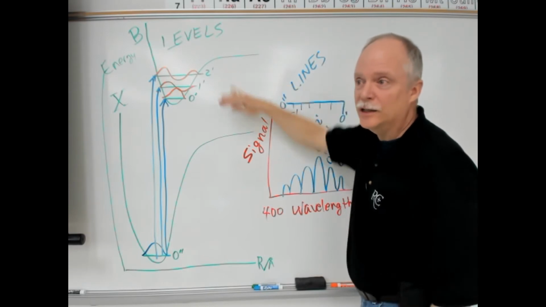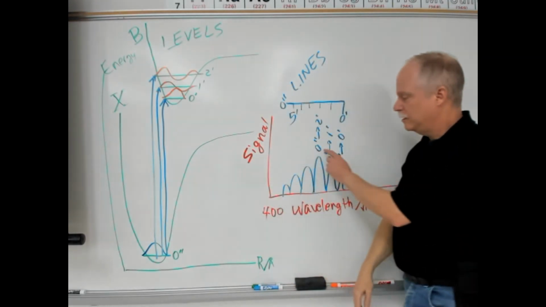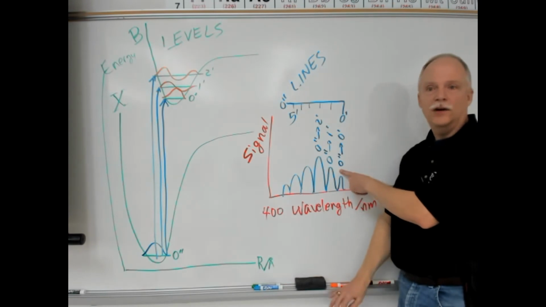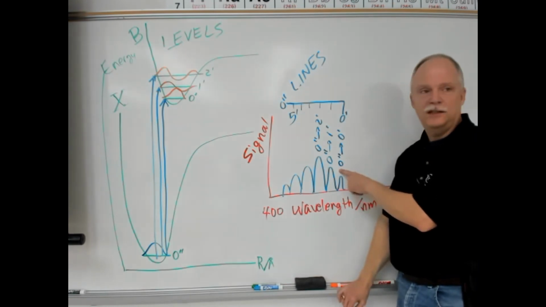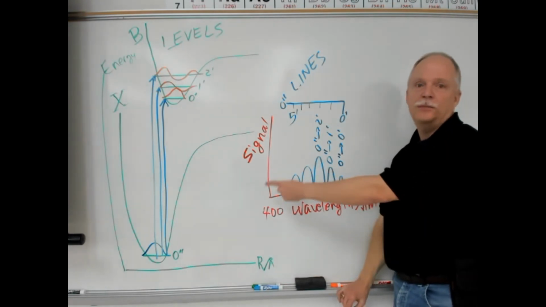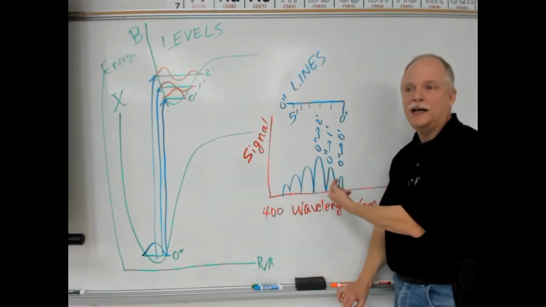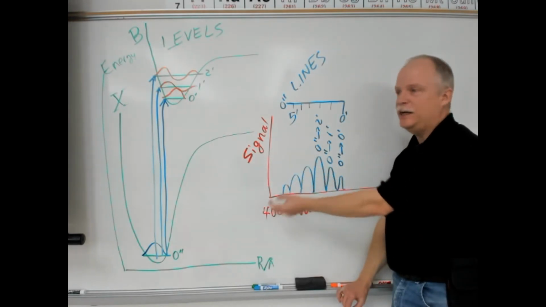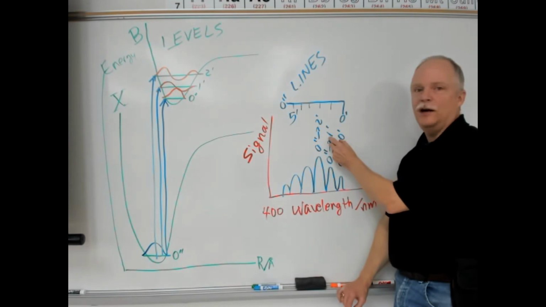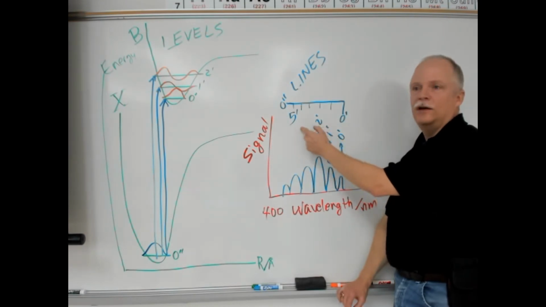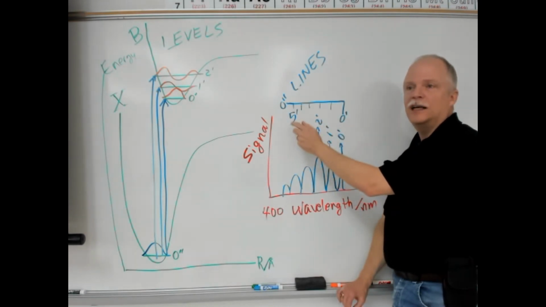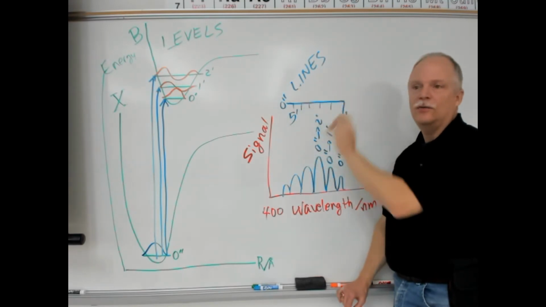It tells me nothing about the ground electronic state. Look here. The ground electronic state is 0 double prime for all of these peaks. The only information I get by looking at the differences in these peaks is the difference between 1 prime and 0 prime, or 2 prime and 1 prime. So I'm learning all about the electronic excited state when I'm doing absorption.